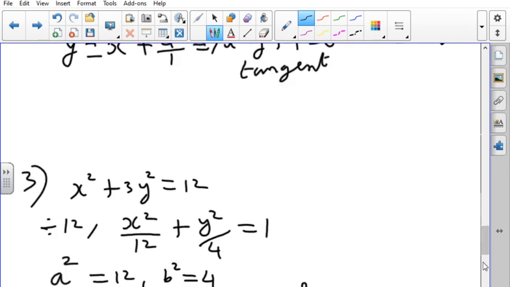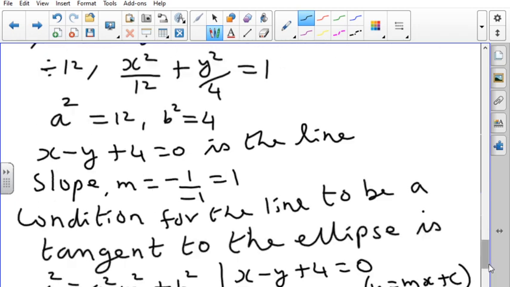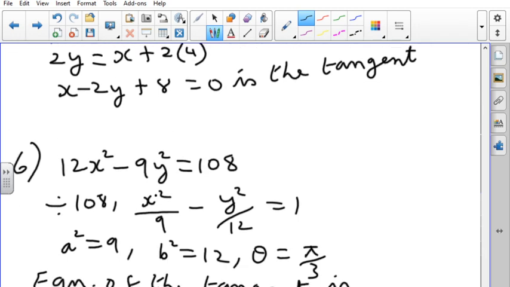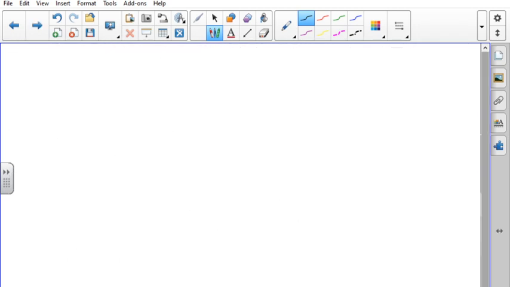Therefore we have to substitute those values and we can frame the equation. So bring it to one side.